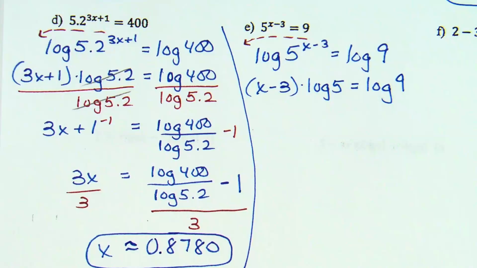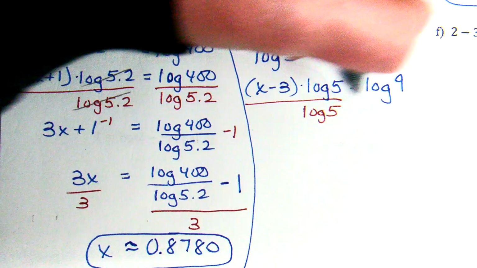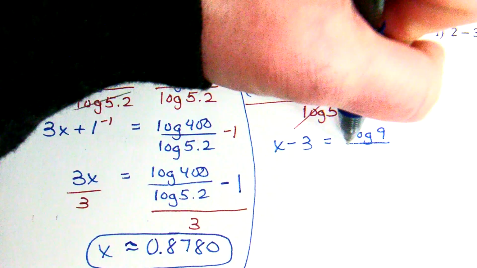Do you know the next step? Divide by the log of 5. So I now have x minus 3 equals whatever log of 9 divided by log of 5 is.